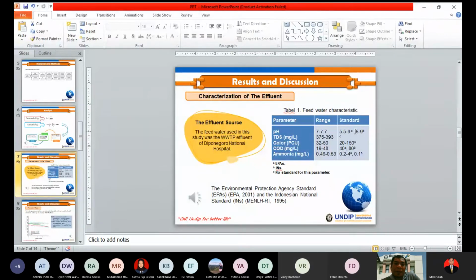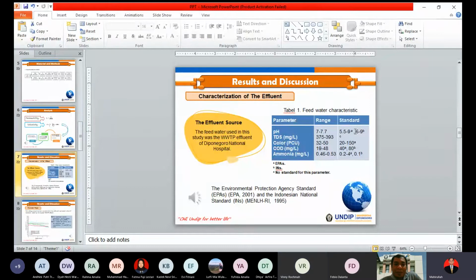So if the wastewater pH is 7 to 7.7, it should be okay. So no problem with the pH. The color as well, the EPA suggests between 20 to 150, and the sample is 32 to 50. It's also no problem with the color, right?